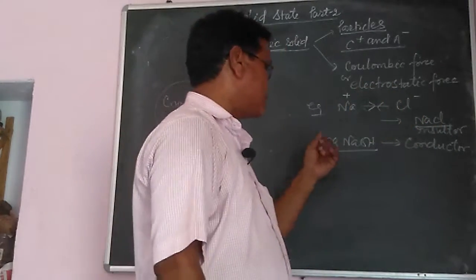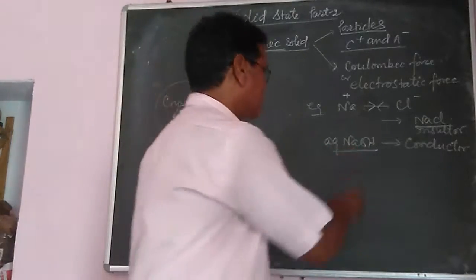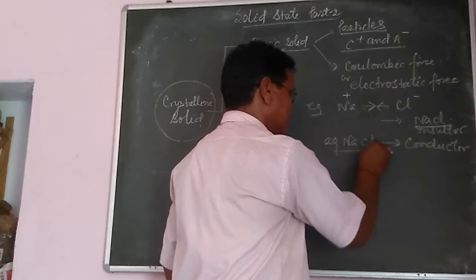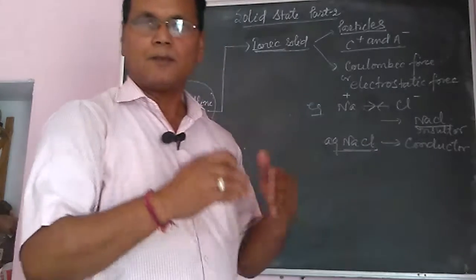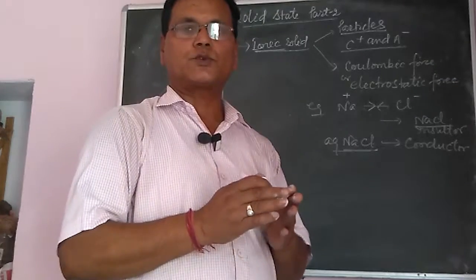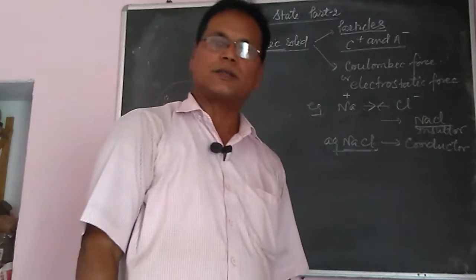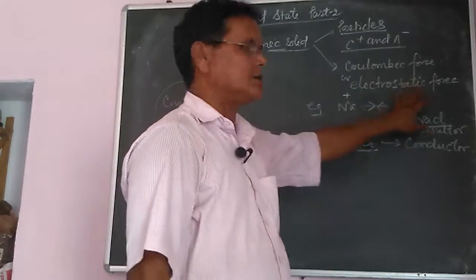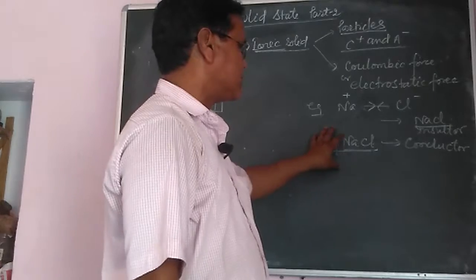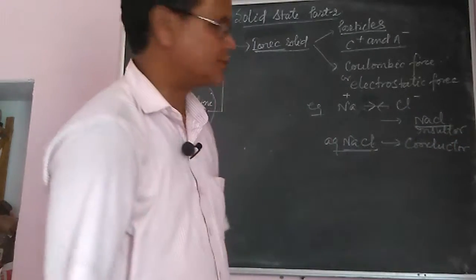When it is kept in water, sodium chloride dissociates into Na plus and Cl minus ions, and these ions migrate towards cathode and anode. So all the ionic compounds are insulators in solid state, but in aqueous state they become conductors due to formation of ions.